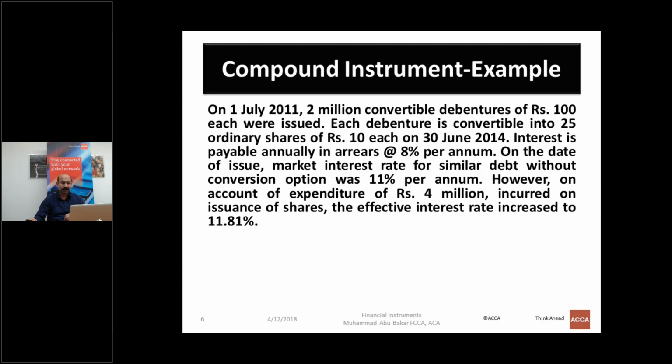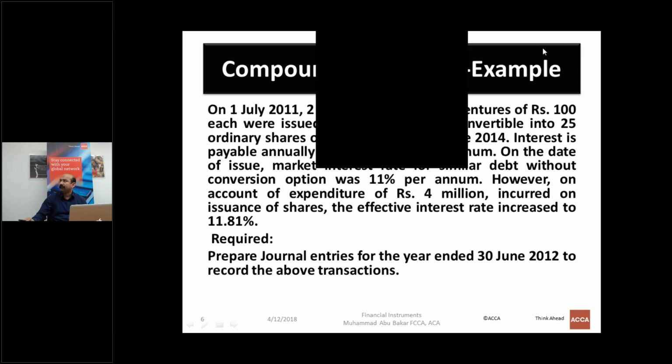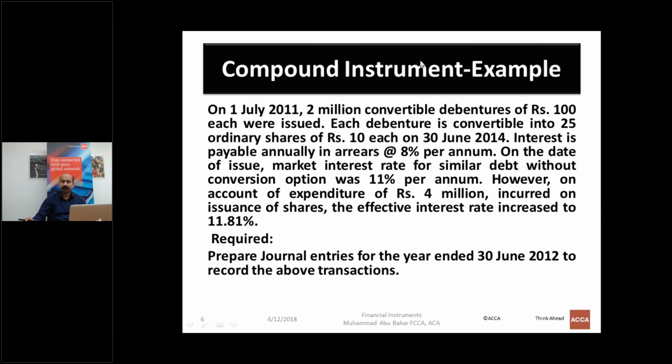So we will do this with the help of this small illustration, which I tried to write on a Word document yesterday, but now the whole scenario is in front of you. I shall be reading it with you, and then of course we shall be discussing the concept of issue cost and how we can treat that issue cost with the help of this illustration.